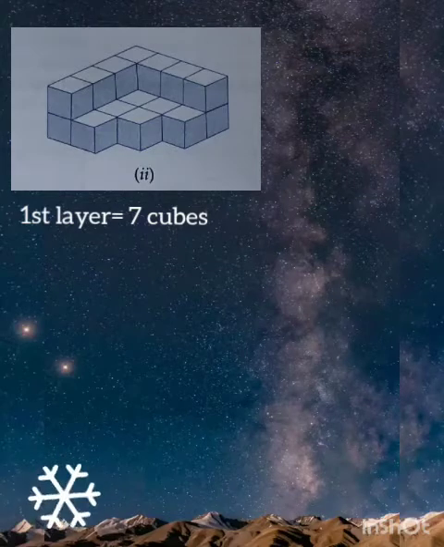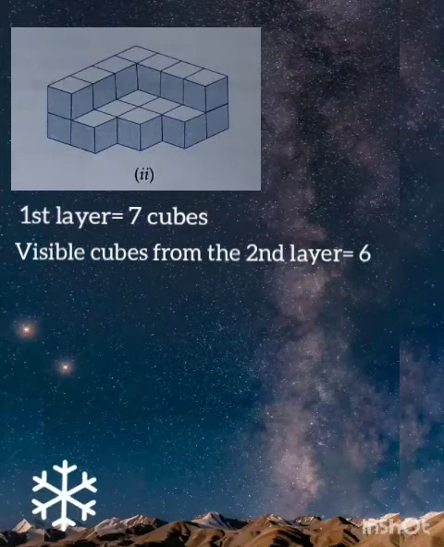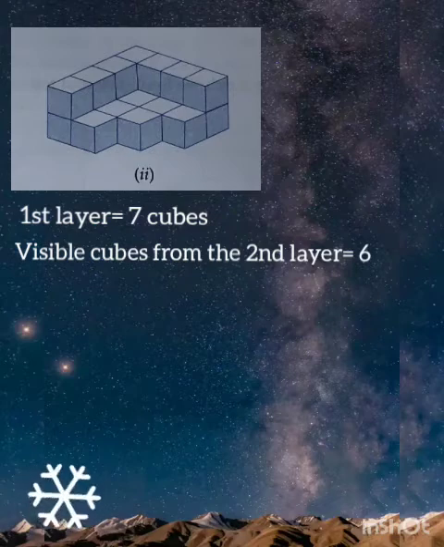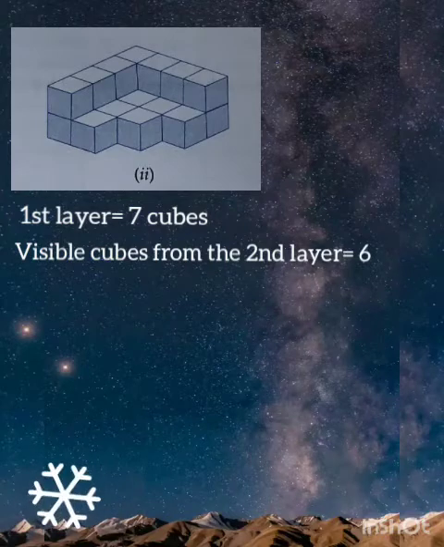And the second layer children, some part of the layer is visible to us, so we can easily count them. So this time it becomes 1, 2, 3, 4, 5, 6. So all the number of cubes that are visible to us are 7 plus 6 becomes 13.